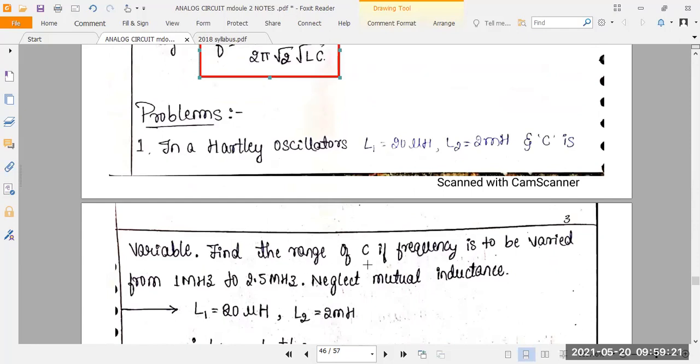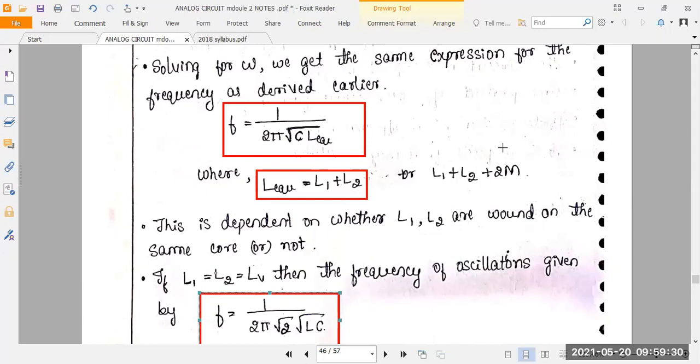Find the range of the capacitance if frequency is to be varied from 1 megahertz to 2.5 megahertz. Neglect the mutual inductance, M, here.